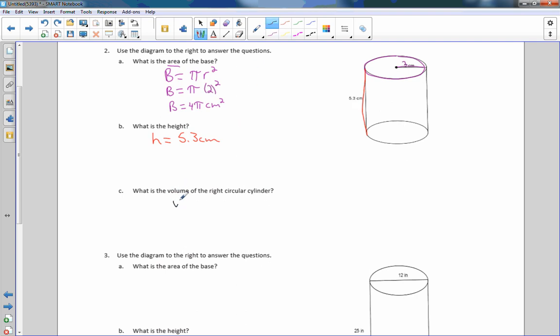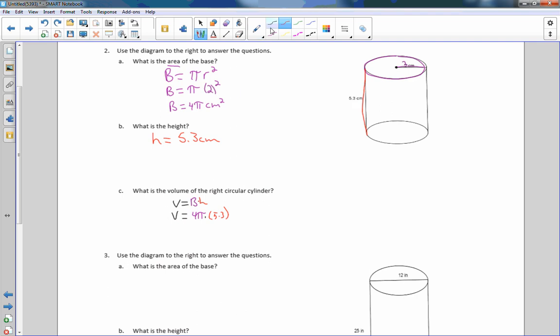So then it says, what is the volume? So volume equals your base area times your height. Okay? So we write the formula, we substitute in the givens, and B is 4 pi centimeters squared. I'm just going to write 4 pi for now, and I'm going to multiply by H. And H is 5.3.